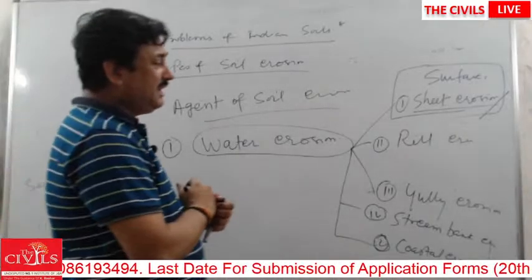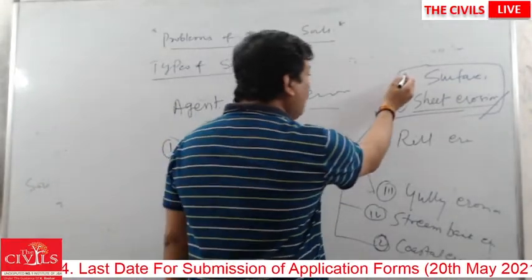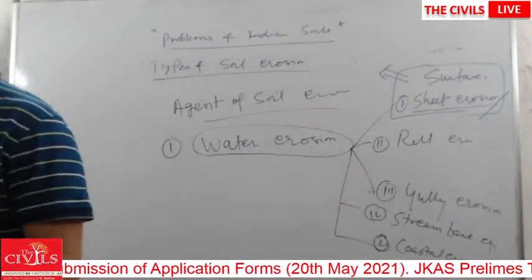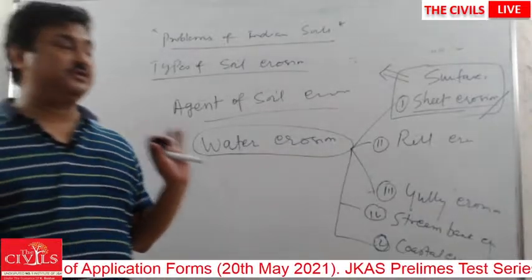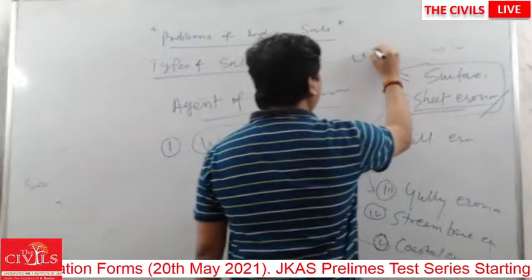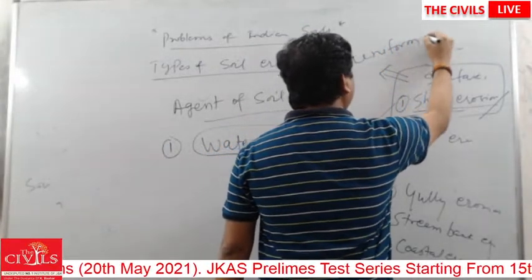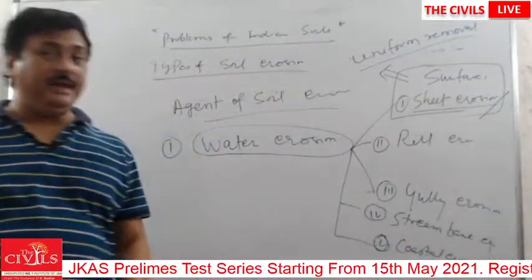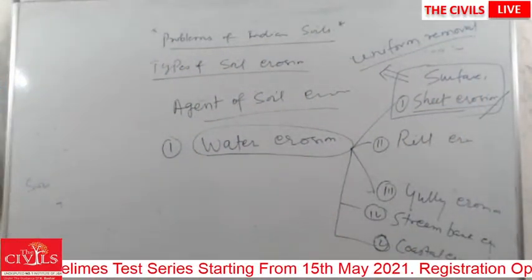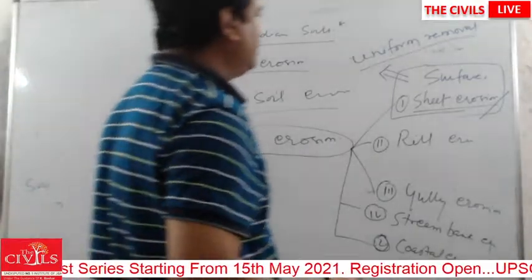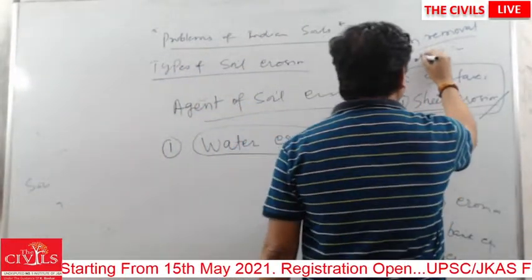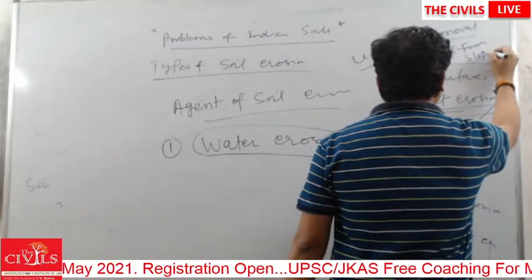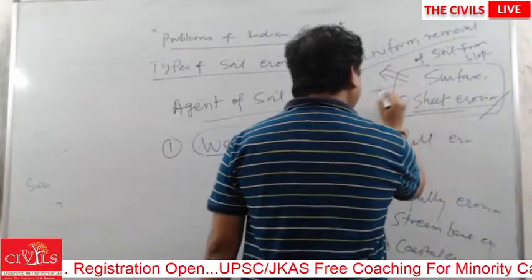Sheet erosion or surface erosion is the type of erosion when there is uniform removal of soil from the sloping surface. This is called sheet erosion.